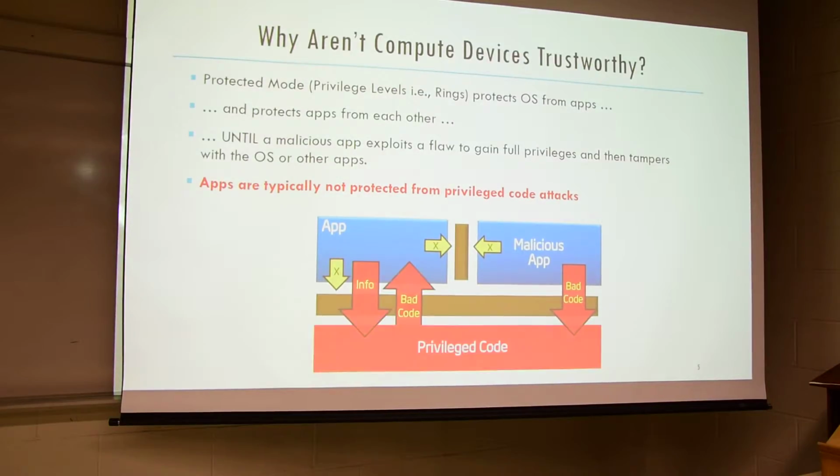So that's what's happening now. The privileged code is now malicious, right, because you have gotten a footprint. And you can start to understand what this other application that you should know nothing about is doing, and you get information about it. So applications are typically not protected from privileged code attacks.